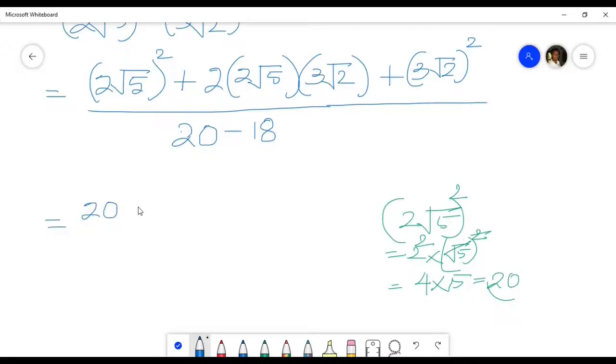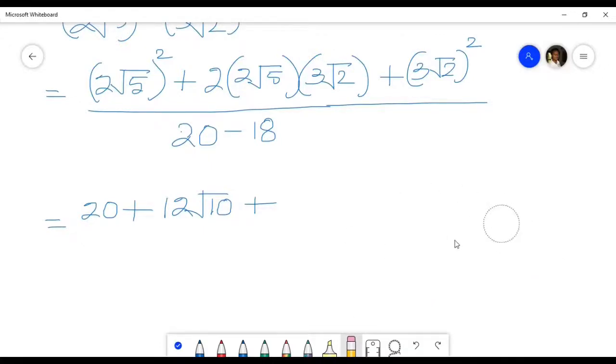Plus, there are 3 real numbers here. 2 2s are 4, 4 3s are 12, and we can only multiply real numbers with real numbers and radical numbers with radical numbers. So we have 2 radical numbers, root 5 and root 2. That is how we got root 10. 12 into root 10. Let me explain how to solve 3 root 2 whole square.